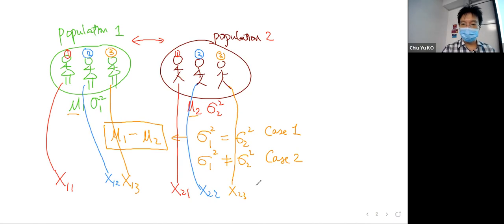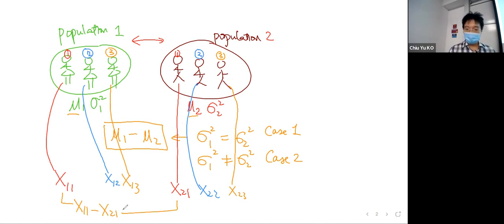We're interested not just in the difference of the means, but we care about X11 minus X21. We care about the paired observations, the difference. We care about a couple, how much time difference, because we can pair.